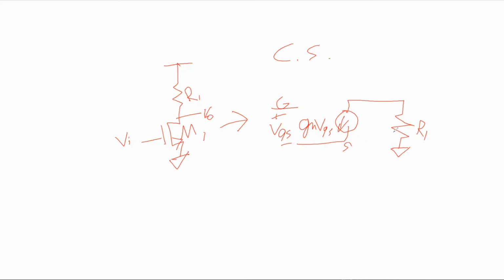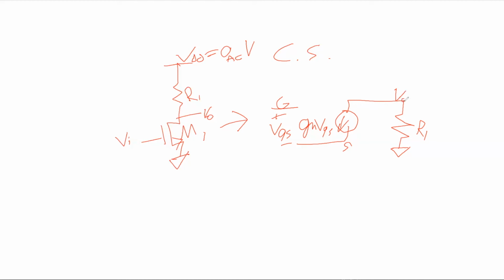In this case, the AC value of this voltage, sometimes called VDD, is equal to 0 in AC voltage, which means AC, the alternating part, is 0. It's a DC value, actually, and so that value is at 0 volts.